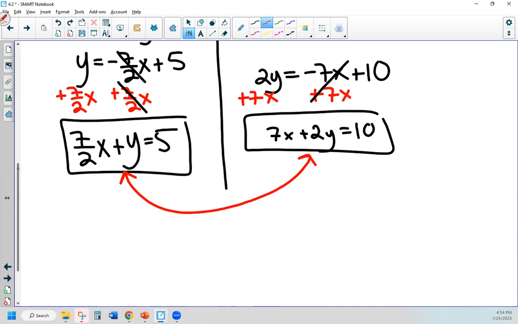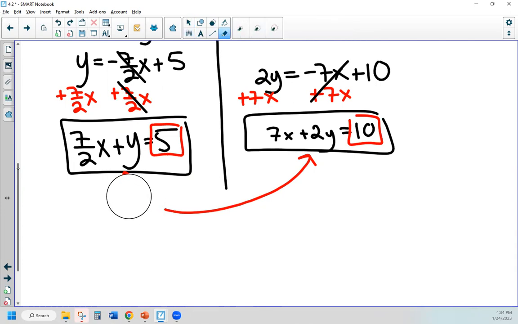Well, my brain tells me, look at the number 5. It's the easiest one to compare. And the number 10. How do you think 5 becomes a 10? By multiplying by 2. So if you want to go from this equation to that one right here, you would want to multiply by 2.